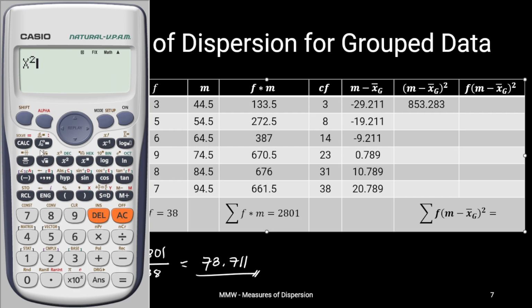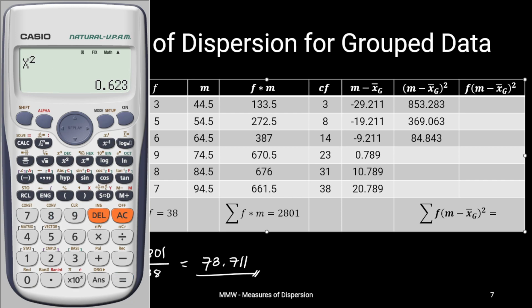Okay, next. So lagay na lang natin dito, x squared. Tapos ganun na rin, calc. Negative 19.211. So we have 369.063. Then we have again calc. Negative 9.211. Okay, so we have 84.843. Next. So we have calc 0.789.